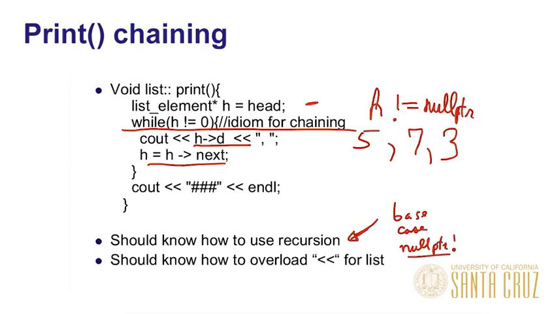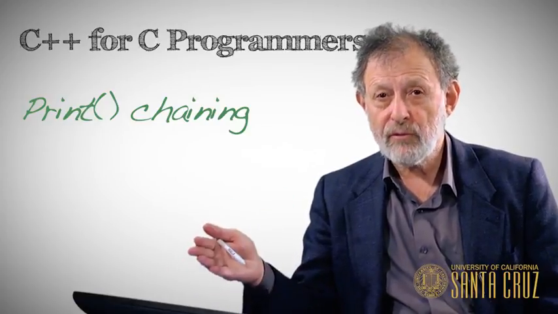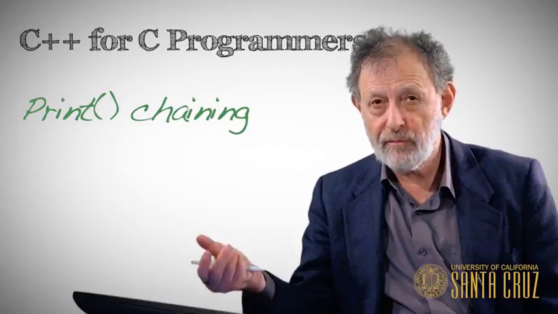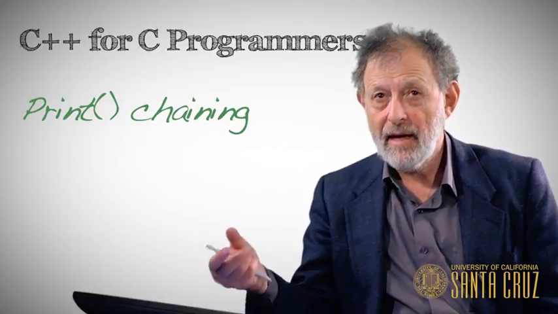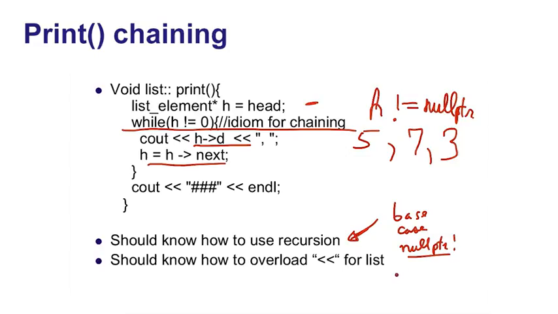If it's a null pointer, you would exit. If it wasn't the null pointer, print whatever is being pointed at, and then advance a cursor. So the general case is print and advance. So you print and recur, advancing the cursor.